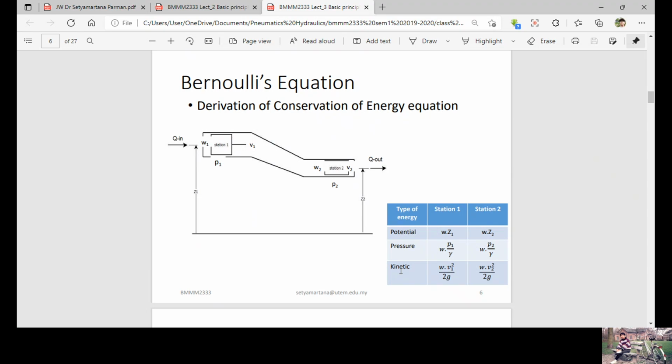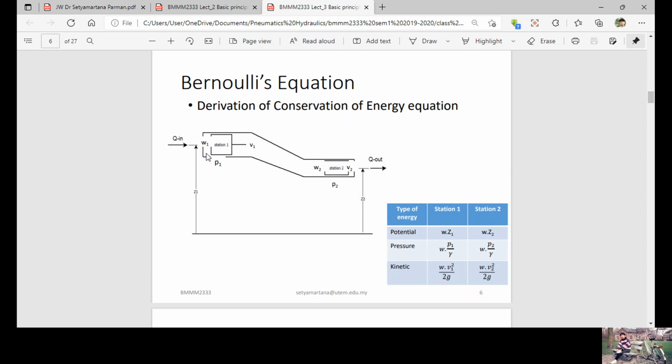The last, the kinetic energy. The kinetic energy at station 1 is the width multiplied by the square of velocity divided by 2g. While at station 2, the kinetic energy is the width multiplied by the square of the velocity at the second station divided by 2g.